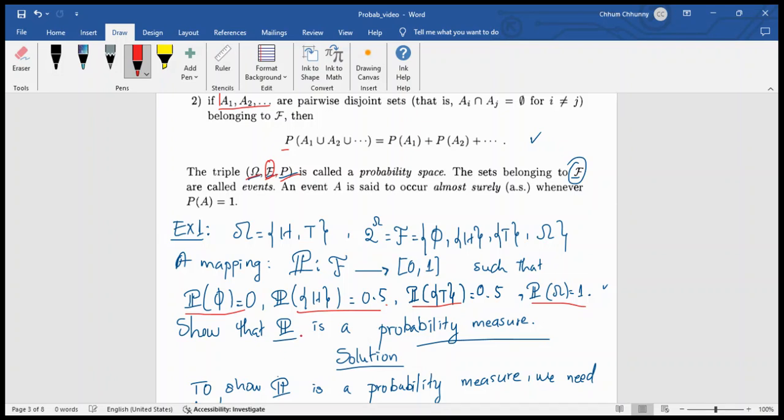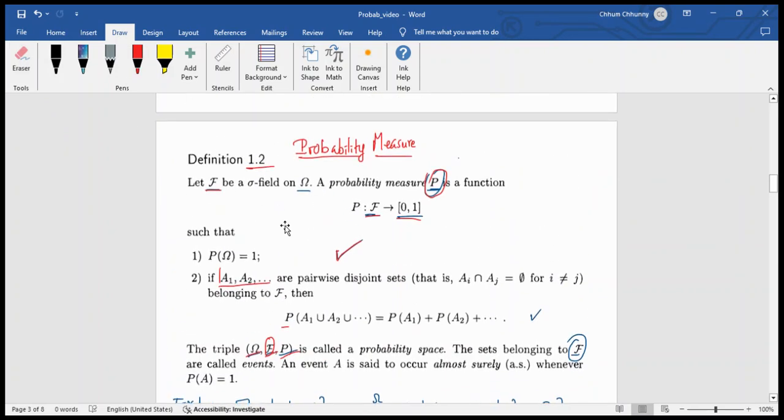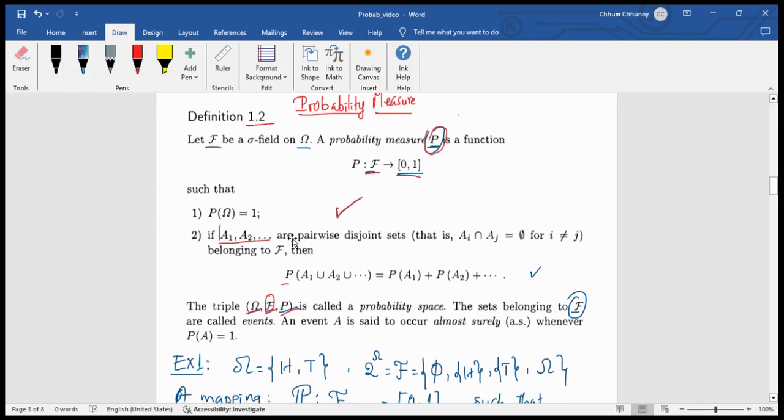In this example, I will show that P is a probability measure. Because P maps from F to [0, 1], and we want to check if it is a probability measure, we have to check the two conditions of Definition 1.2.